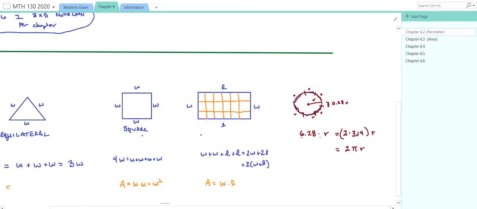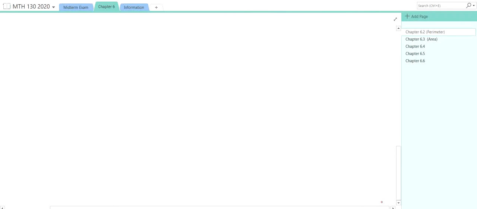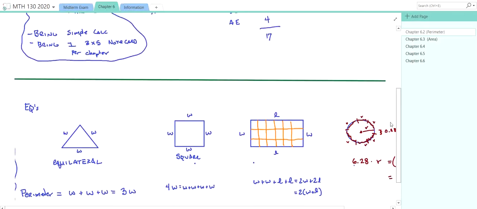And we see that somewhere around 6.28 times r is the same thing as 2 times 3.14 times r, and 3.14 we recognize as that famous irrational number pi. So 2 pi r is the perimeter of a circle. Okay, and that was it for section 6.2.